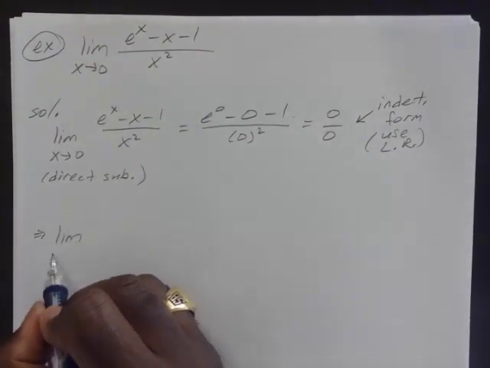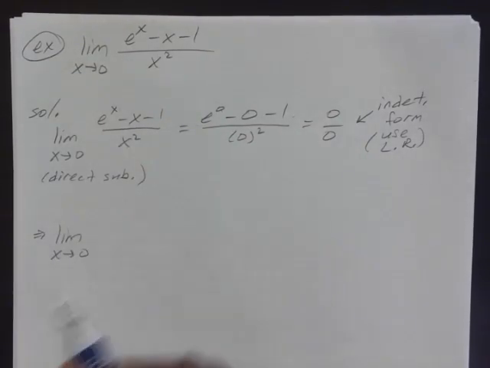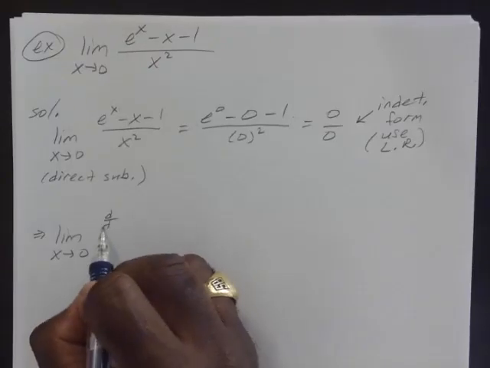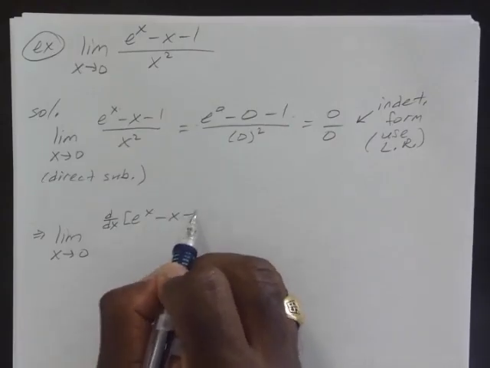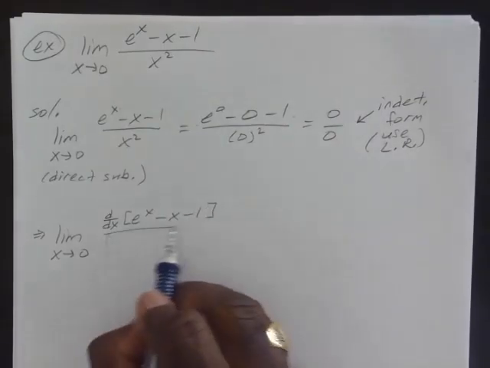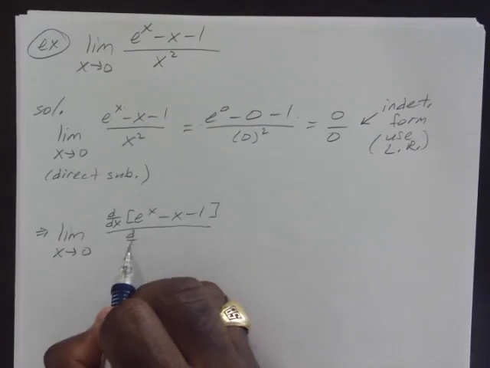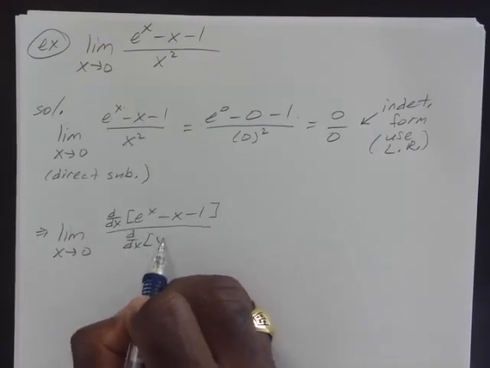That means we can take the limit as x approaches 0 of the derivative of e to the power of x minus 1, divided by the derivative of x squared.